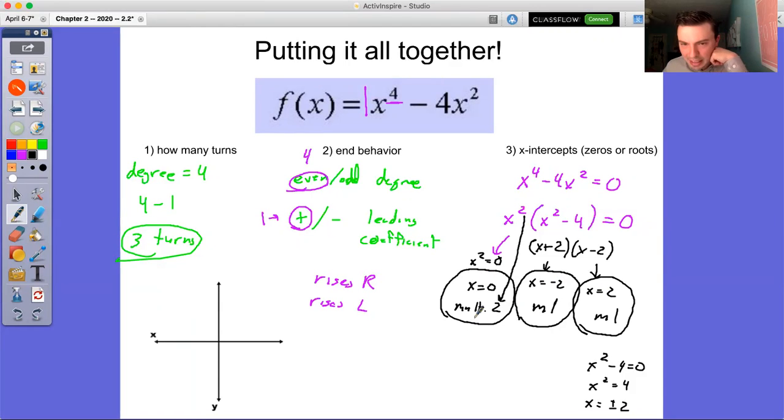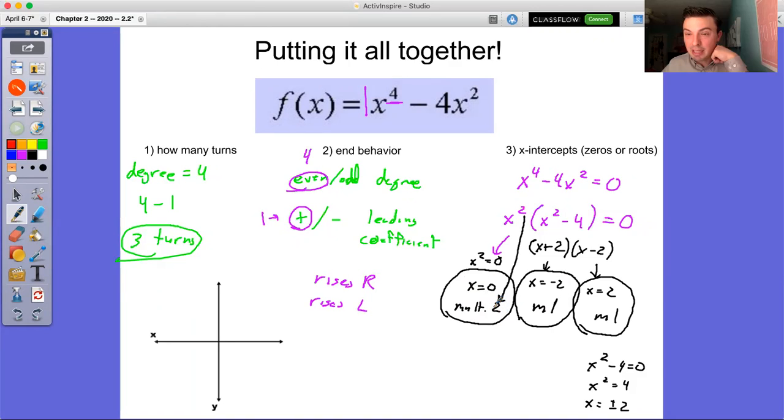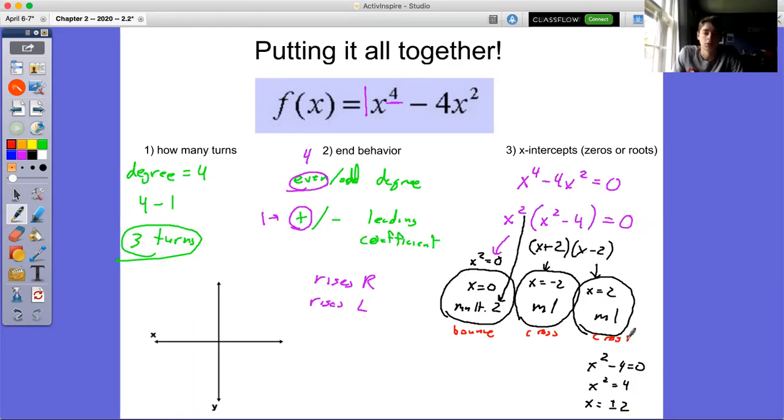What's it going to do at each 0? Like bounce or cross? At x equals 0, bounce or cross? Bounce, because of the evenness of the multiplicity. So it bounces here. These are both odd multiplicities, so it's going to cross at both of those. Okay, so I know.